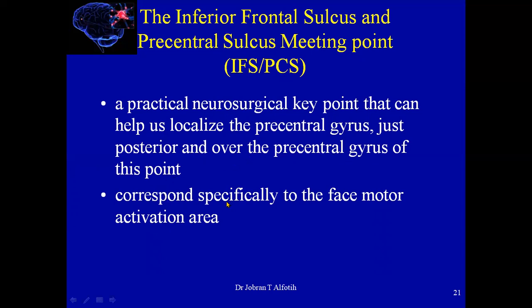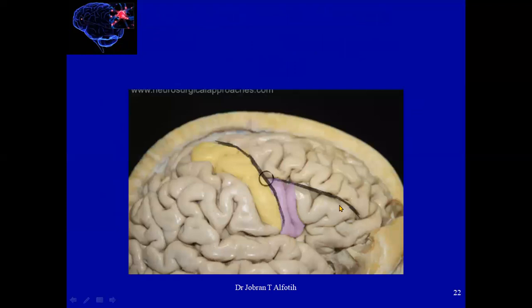So it corresponds specifically to the face motor activation area. Here is the inferior frontal gyrus, here is the precentral gyrus, this is the meeting point, and here is the face activation area.